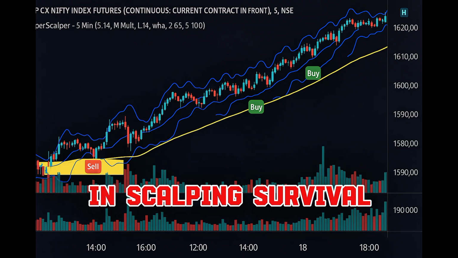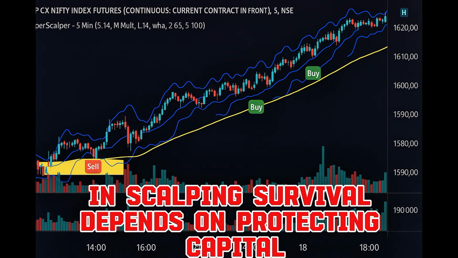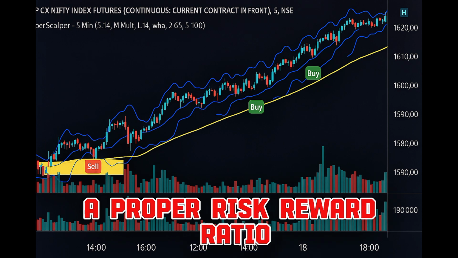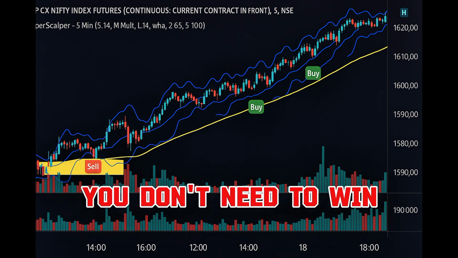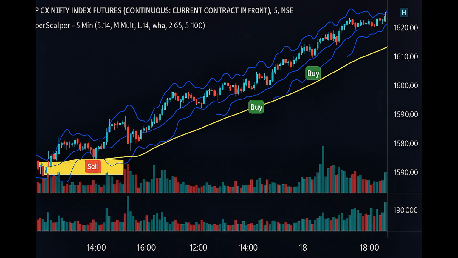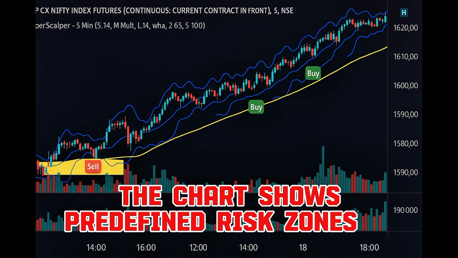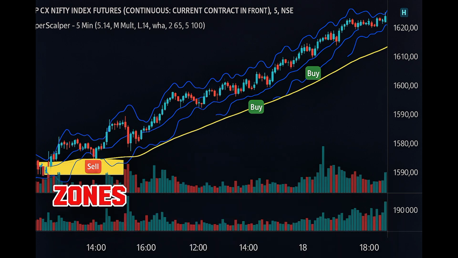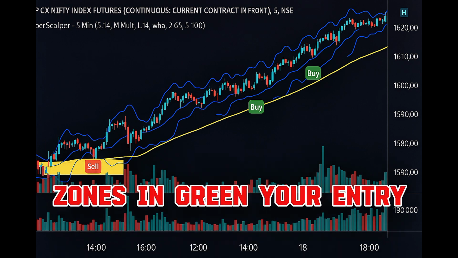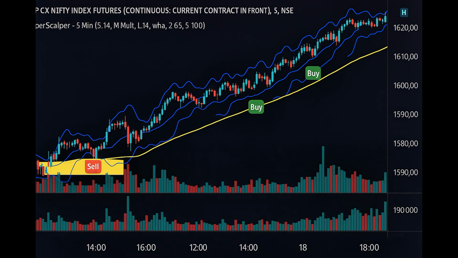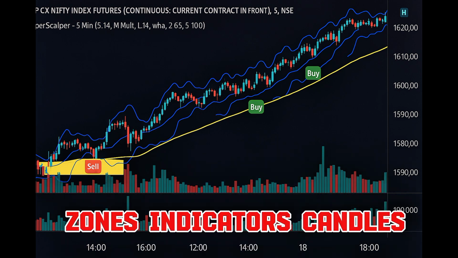In scalping, survival depends on protecting capital. A proper risk-reward ratio ensures you don't need to win every trade to be profitable. The chart shows predefined risk zones in red and reward zones in green. Your entry comes after all confirmations, zones, indicators, candles.